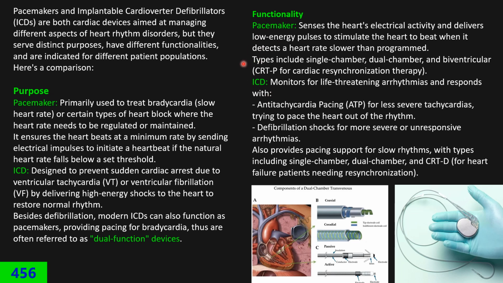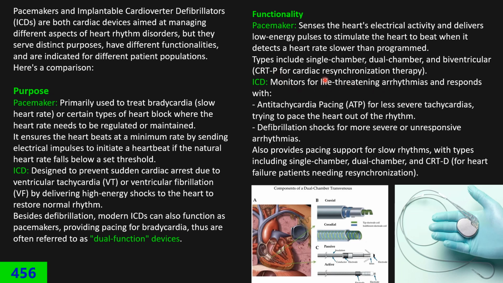Besides a little structural difference, the case of the defibrillator is a little bigger and the software is a little different. Generally, they are very similar.